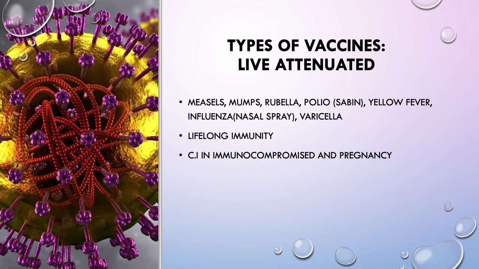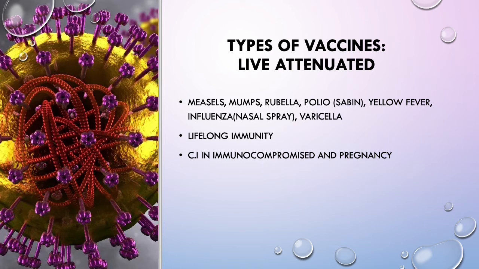And because of this, we have a really strong response. It's lifelong, but because it's live, we have to remember that it's contraindicated in immunocompromised patients and in pregnancy, where it otherwise can create complications.